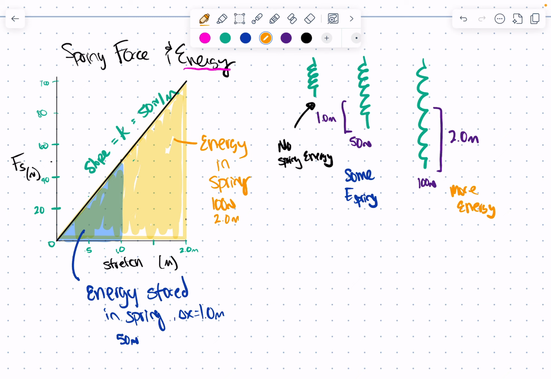So in here, the area is going to equal our spring energy.